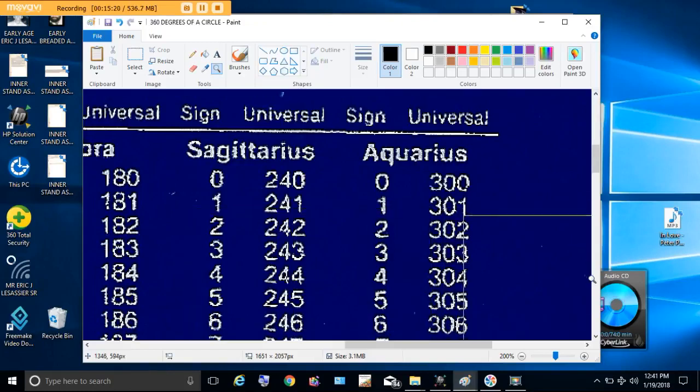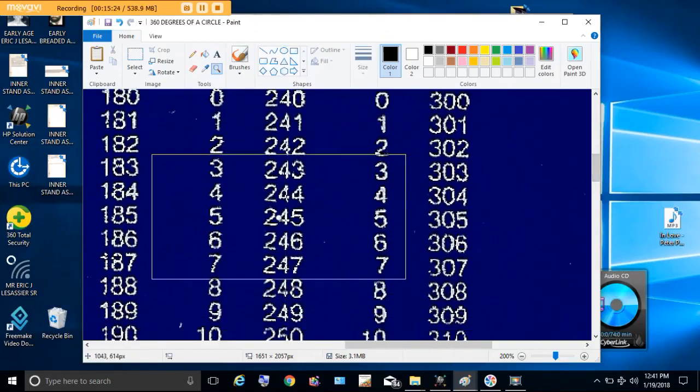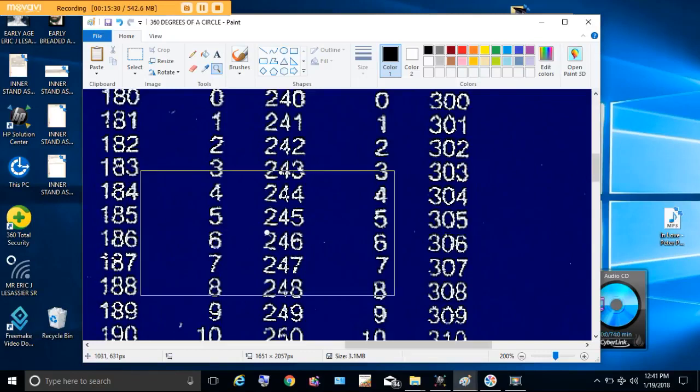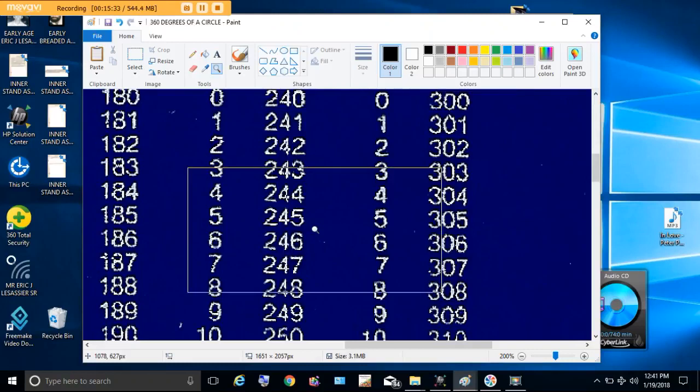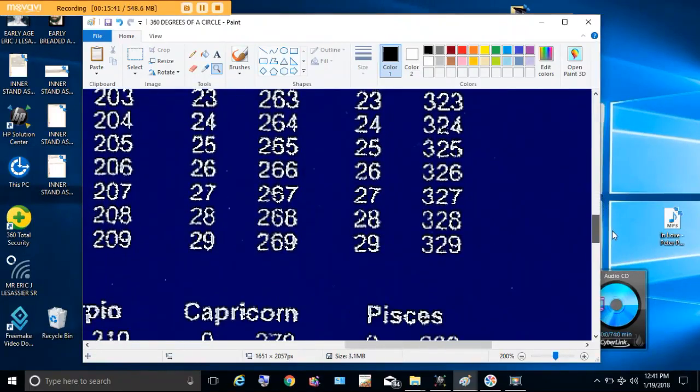Okay, so as we proceed, we'll go to, say, Sagittarius at 5 degrees. Now, the value of 5 degrees is equal to 245 degrees on the universal value chart. So as we proceed, we'll go to the 29th degree of Sagittarius at the end of the month for that season.